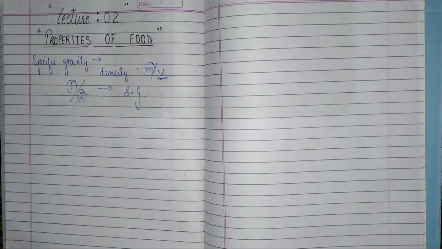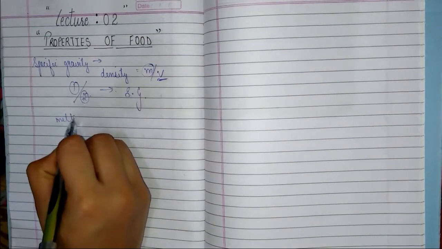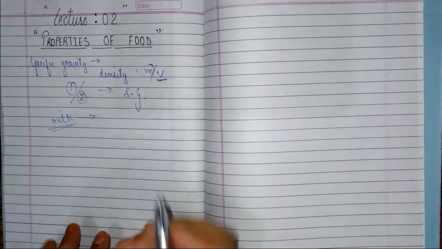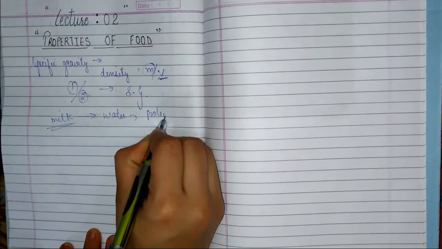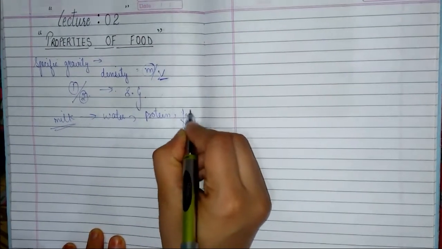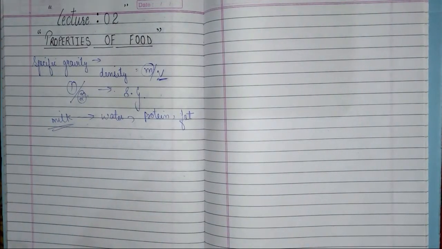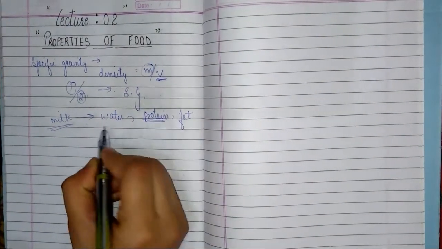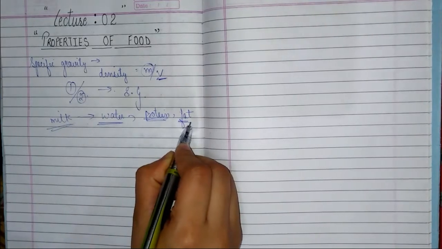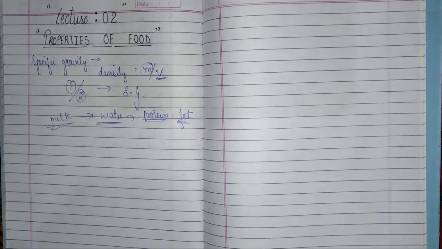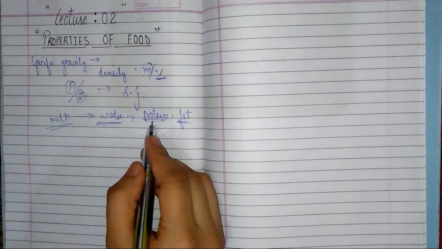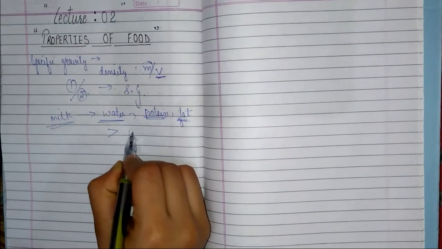If I take the example of milk, we know milk has various constituents like water, protein, fat, and a number of vitamins and minerals. Every constituent has its own specific gravity. It is stated that the constituents have specific gravity more than water.